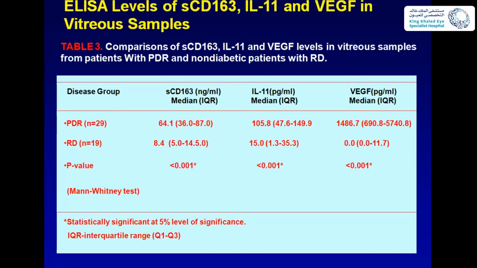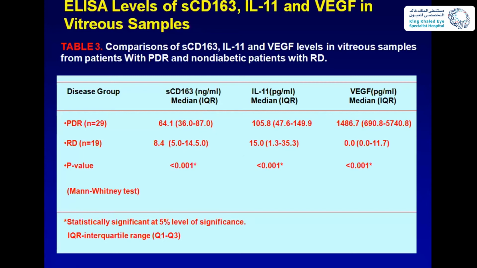In the vitreous sample, when we compare soluble CD163, interleukin 11 and VEGF, their levels are high in the vitreous chamber, this jelly-like structure that is very important for ocular clarity, for maintaining ocular structure and normal pressure, and for the integrity of the retina.